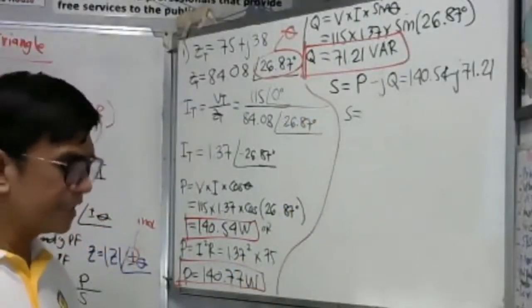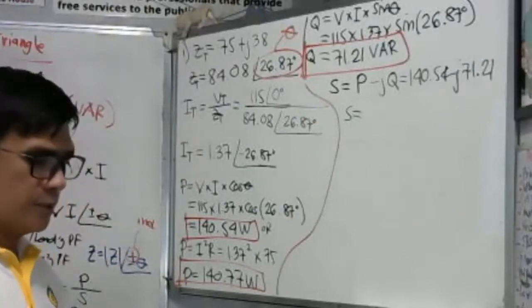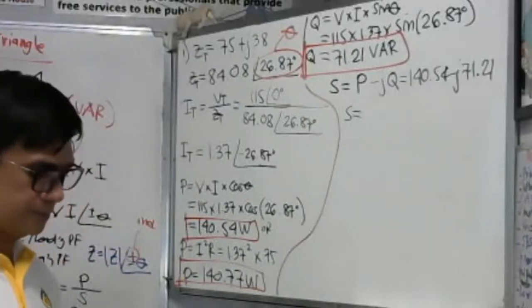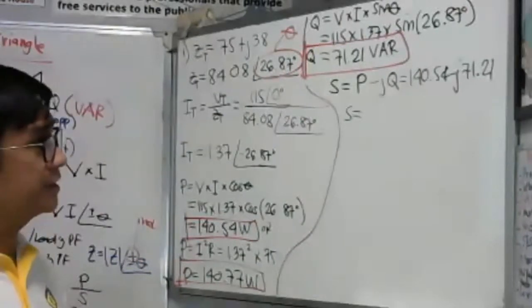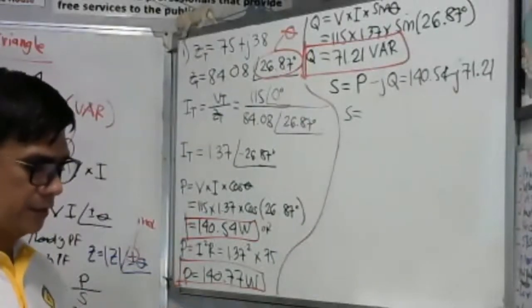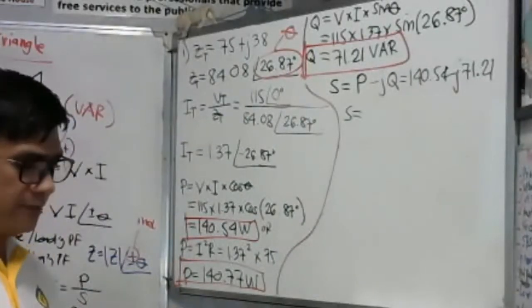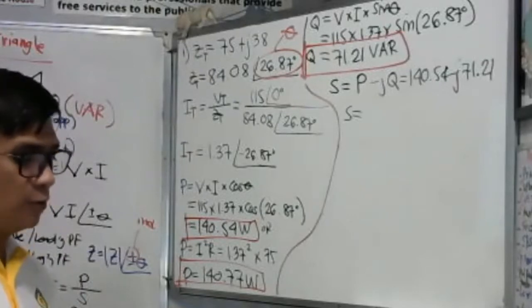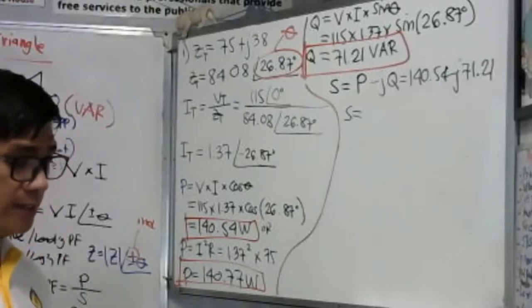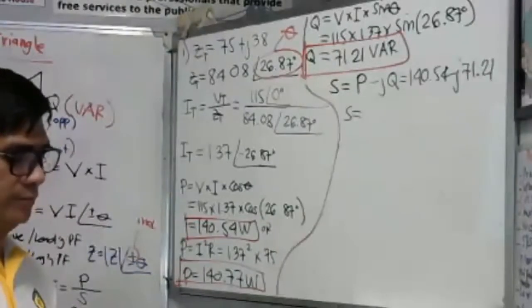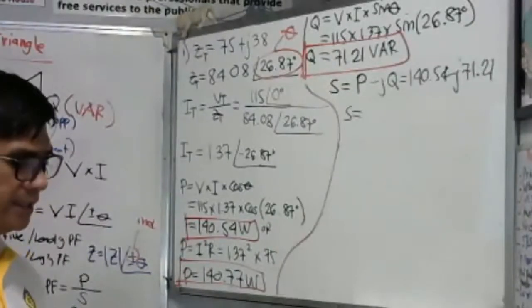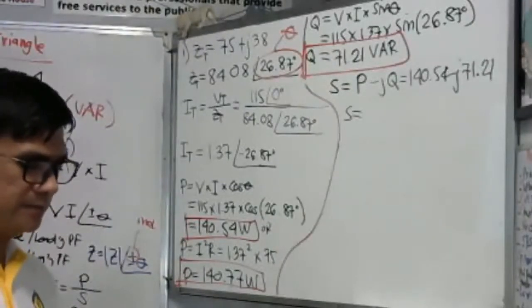Okay, mode 1 in your calculator. So you have here shift plus, so we have here 140.54 shift close parentheses. So we have here 71.21. Okay. By the way, it is negative, right? That should be negative.